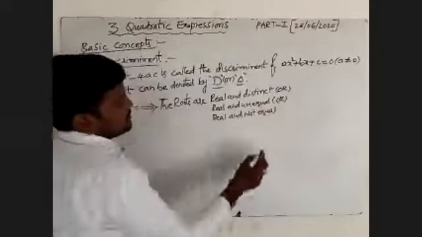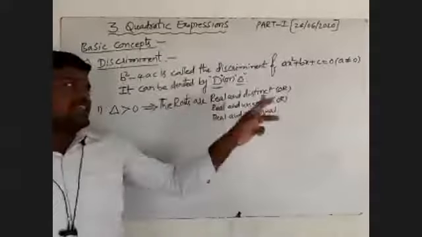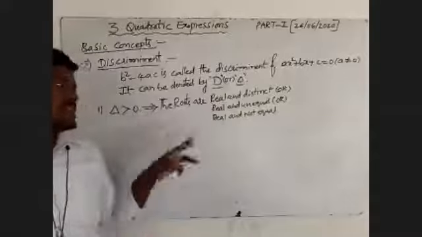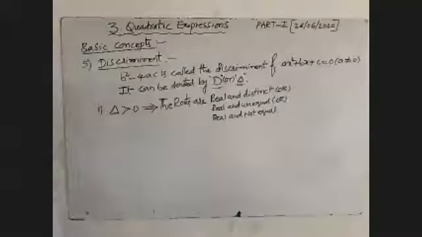All are the same. Delta greater than 0 means the roots are real and distinct, or real and unequal, or also real and not equal.